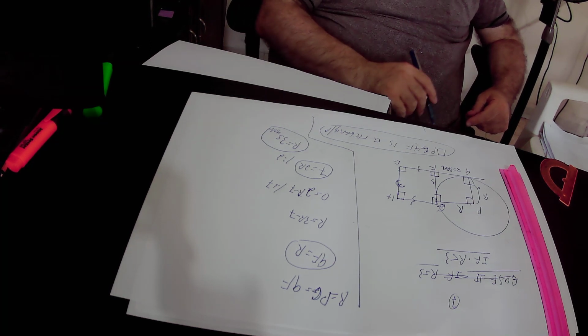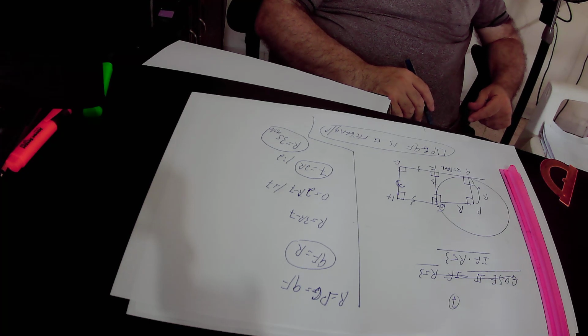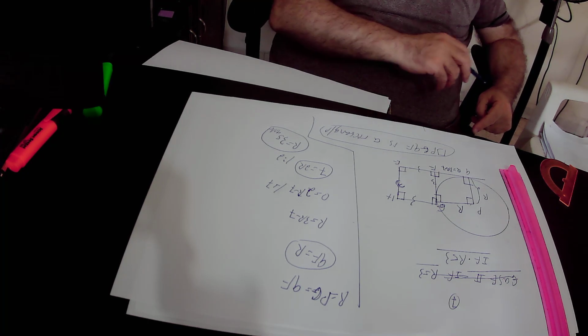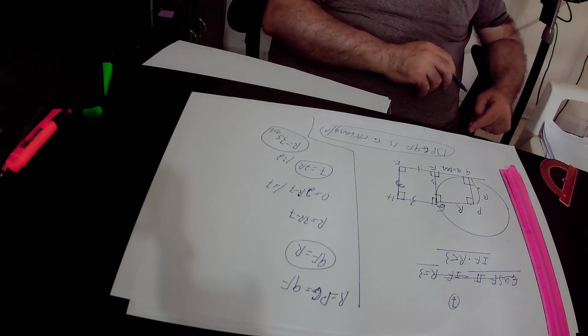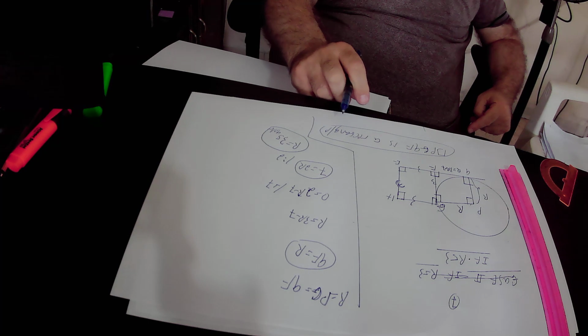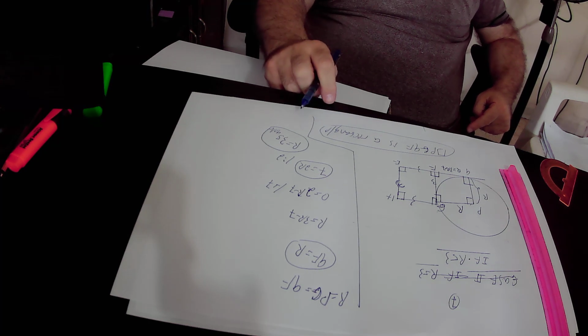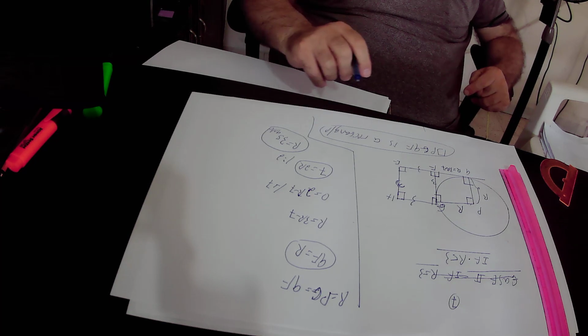Therefore, it is a good proof that R cannot be less than 3 units, because we found out that R equals 3.5 units.